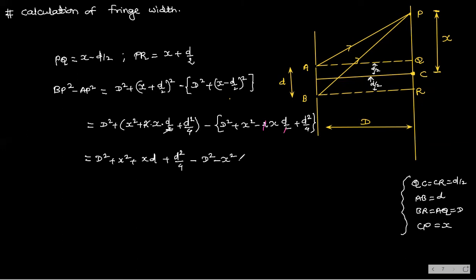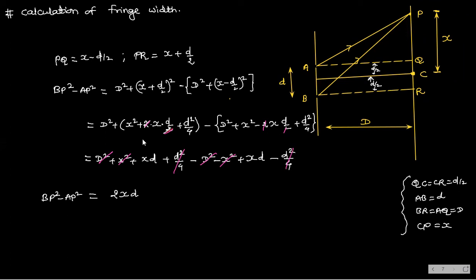So this minus minus will become plus xd, and this is minus d square by 4. चलो cancel करेंगे. This d square will get cancelled with this x square, this d square with this d square, and what is the final answer? 2xd is equal to bp square minus ap square.